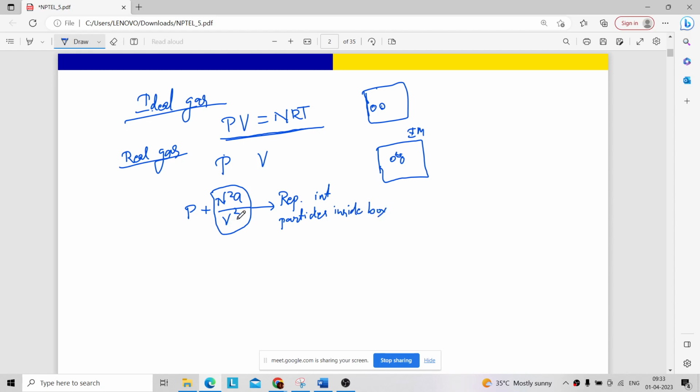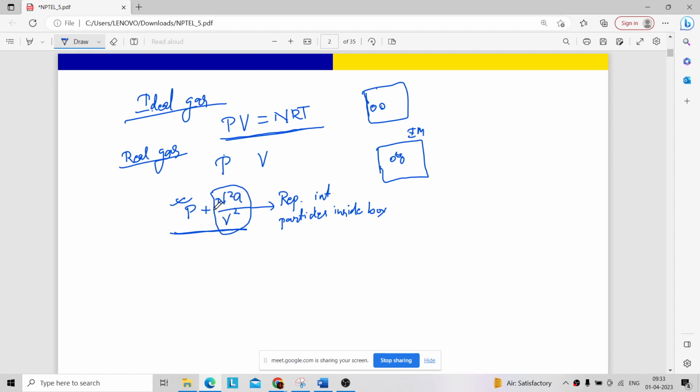Right. So we got a correction for pressure. Due to this additional term, the box will feel more pressure. Due to additional interaction, this a is a constant that represents the interaction strength of the particles.